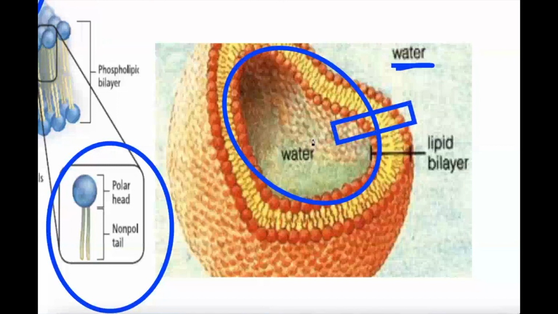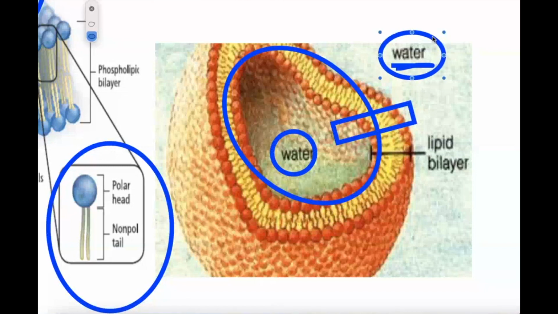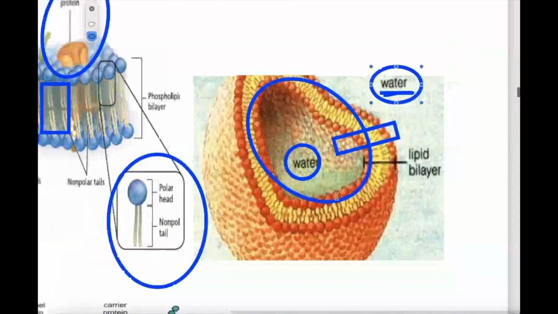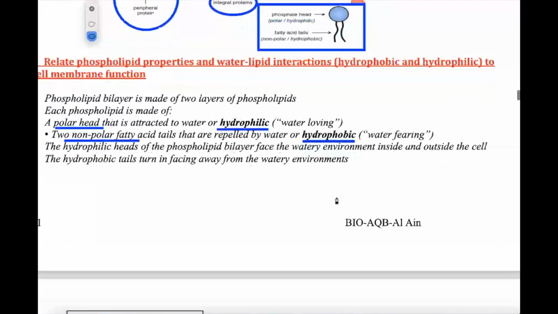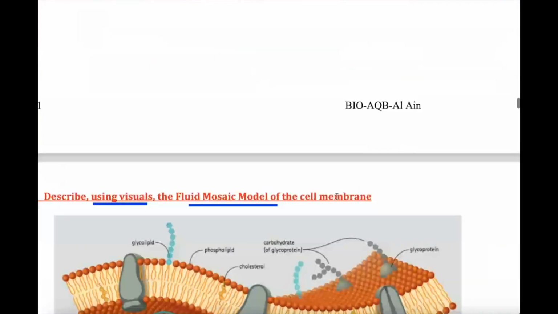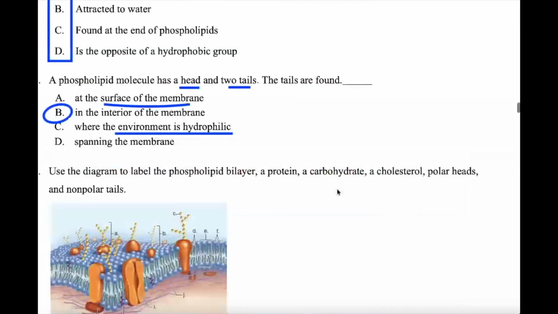Here is water on the inside of the cell. So where is the hydrophilic environment? Both sides of the cell membrane are hydrophilic, consisting of polar heads. Yes, very good.